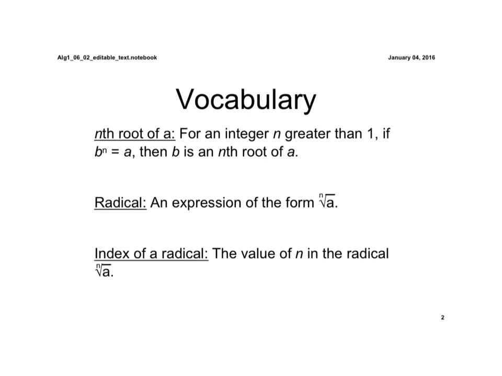Now, if you think about what you did last year with this, you did square roots. So you may have had like the square root of 4, and there was not a number written there as your index. Because if there's not one, it's understood to be a 2, which would be the nth root of 4, or the square root of 4, which would be 2.